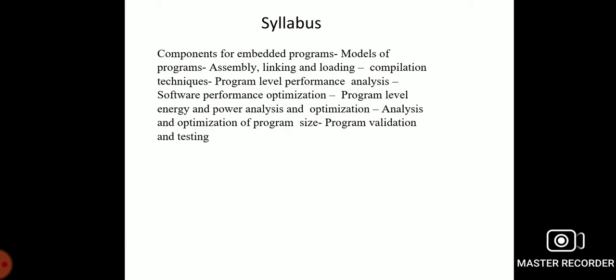So this is the syllabus of Unit 3: the components of embedded programming and models of programs and assembly, how programs are assembled, linked and loaded to the interfacing units, and the compilation techniques, what the performance level analysis is, and also the software levels, the energy and power consumption levels, and also the program testing methodologies.